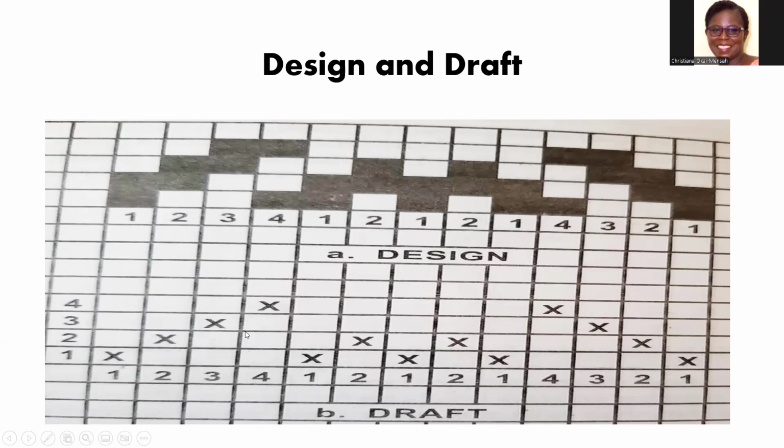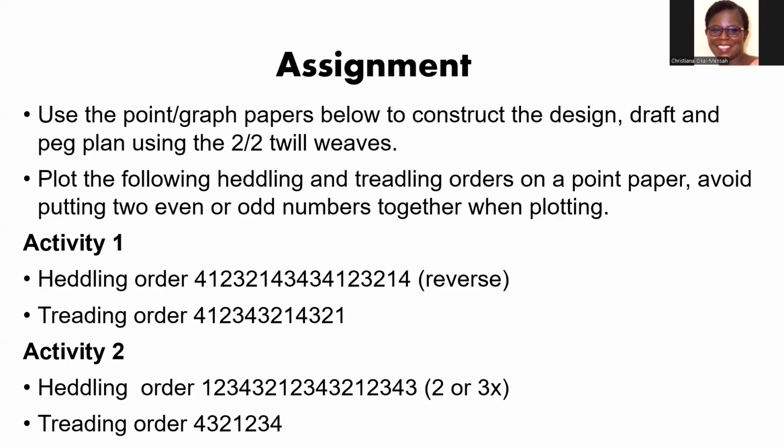So this is the one that we are going to use to do our threading in the loom. So you can't just sit down and tell yourself you are threading your yarns, but you need to do it according to the draft that you have. So you take this one to the loom. So when you get to the loom, you know what exactly you are going to do.